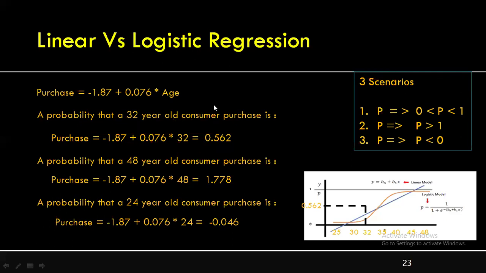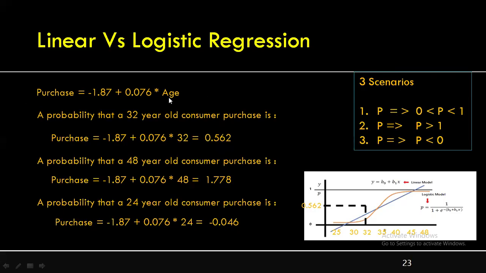In your linear regression, this is the one you want to predict: the probability of purchase. On the right side of the equal sign, you can see the intercept plus the slope. The intercept and slope values were computed by the model, and this is the value we got. We need to multiply this slope with the age.